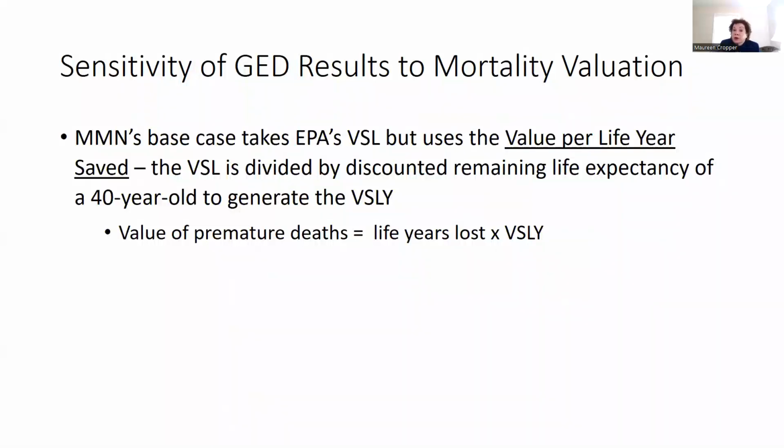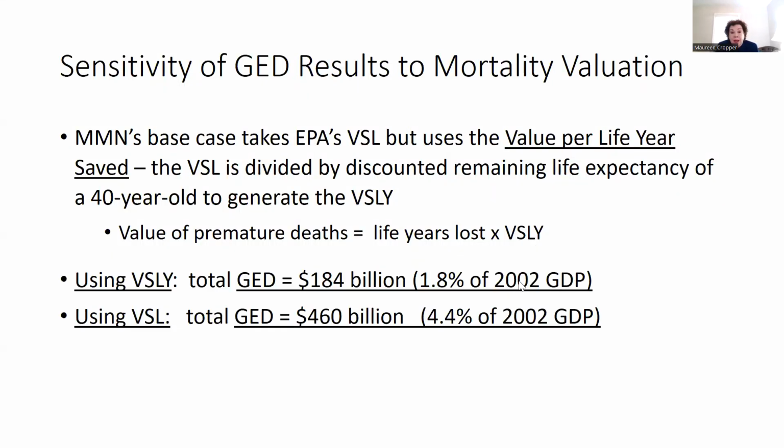What MMN did was to say, we're going to apportion this VSL to a value per life year saved. We're actually going to take the 6.3 million, divided by the discounted remaining life expectancy of the average worker in a hedonic wage study, and get a value per life year saved and value premature deaths by the number of life years lost times the value per life year saved.